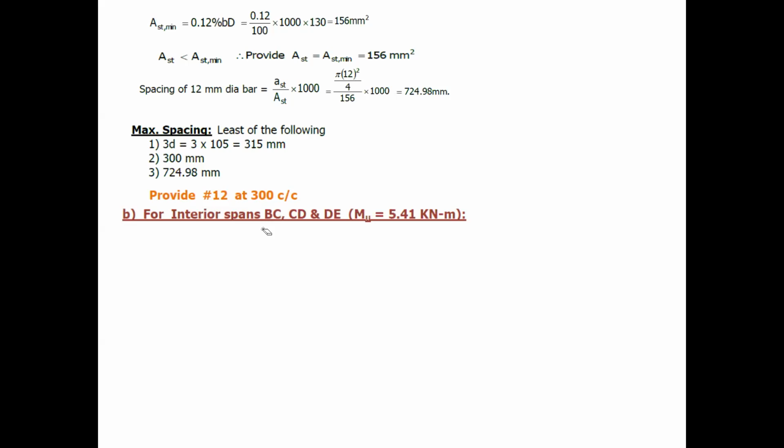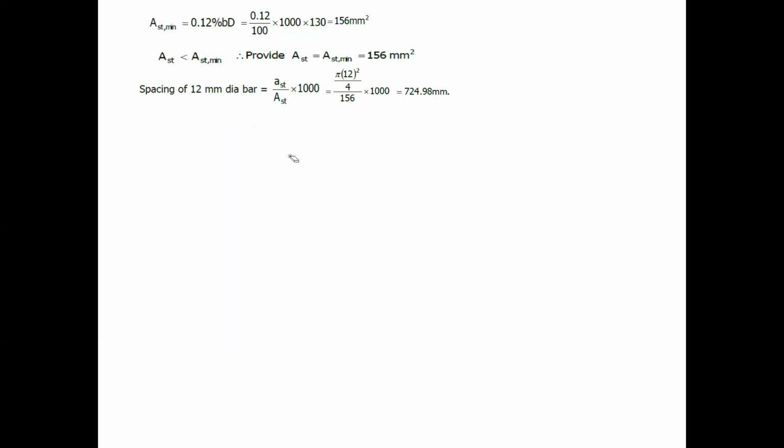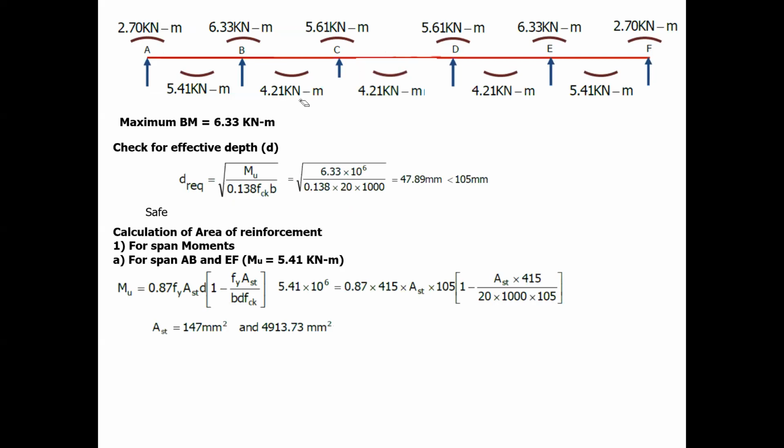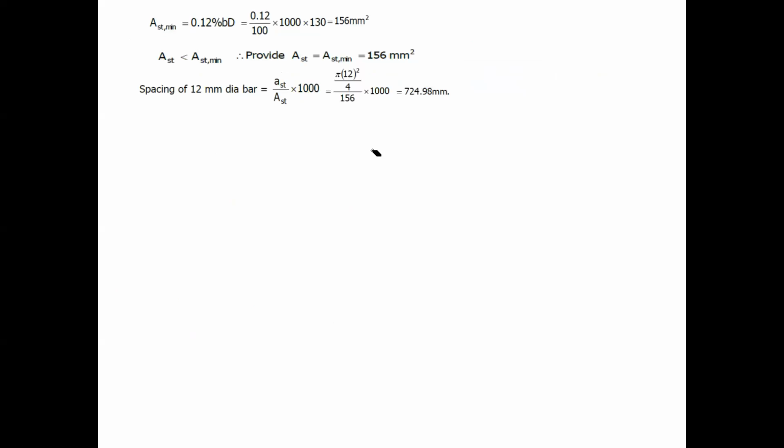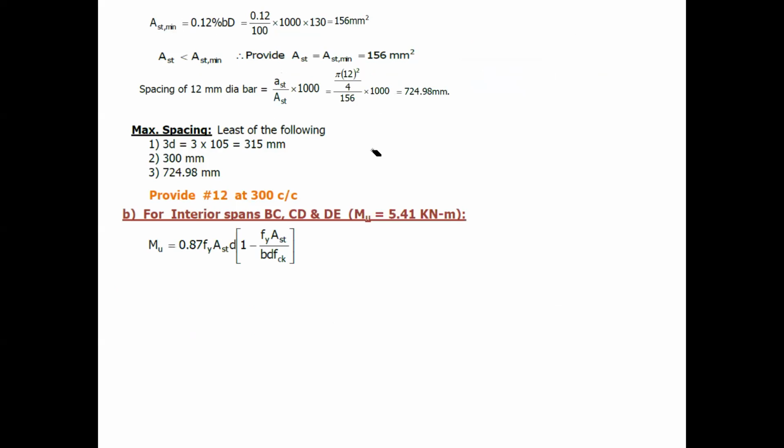You are telling regarding the maximum moment, right? I'm asking regarding the inner span. Ultimate support moment is 6.33, that is right. For the inner span, you can see the figure here. This is the inner span, 4.21. You got the moment, so here you have to consider 4.21. Is that clear? Okay, sir.